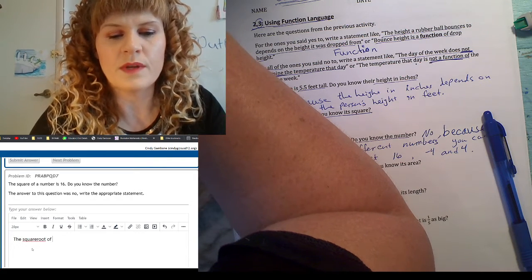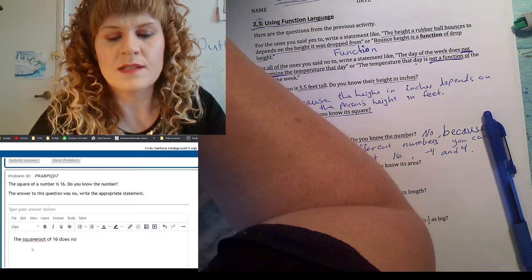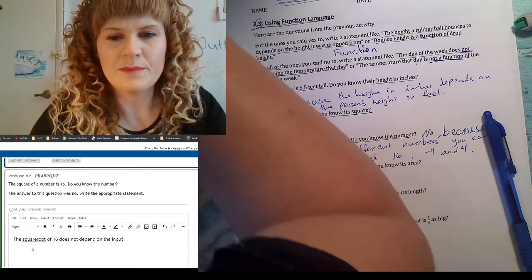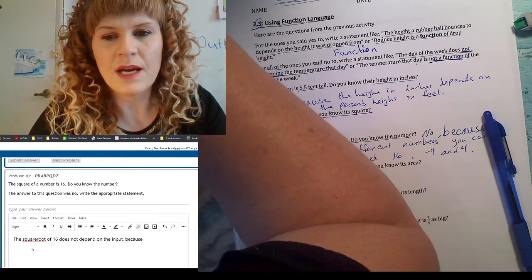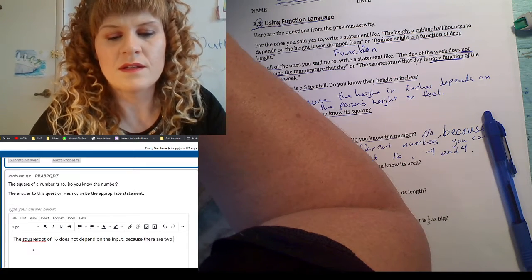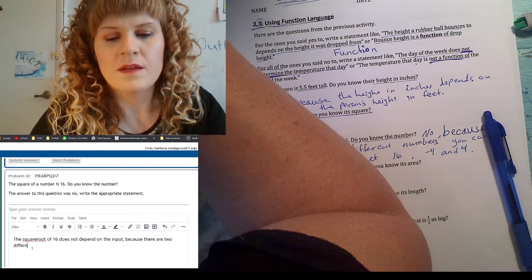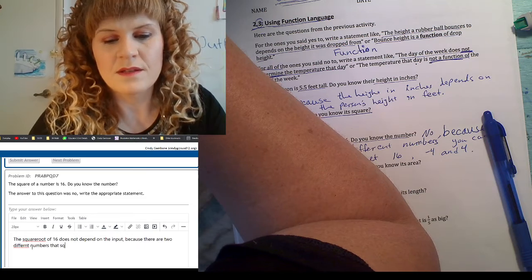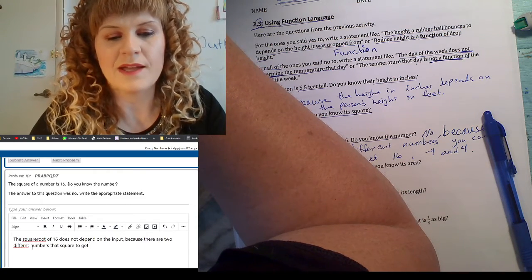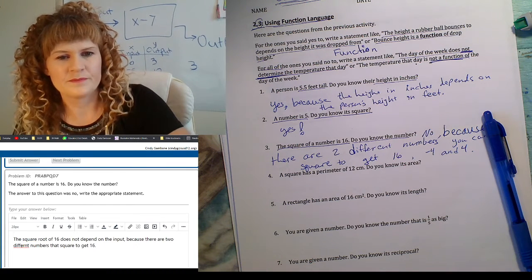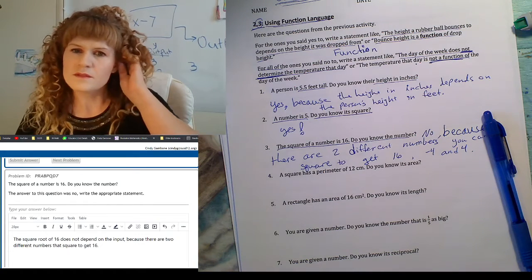The square root of 16 does not depend on the input because there are two different numbers that square to get 16. It kind of depends on the input, but not exactly. Okay?